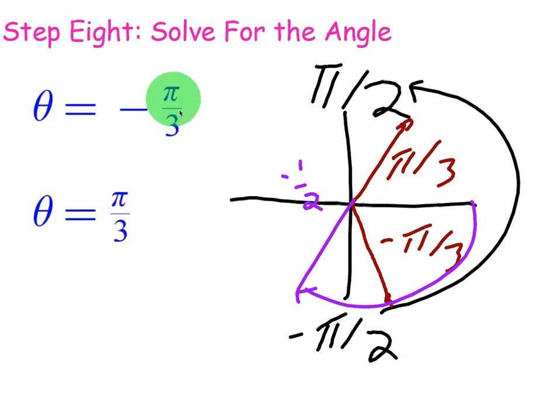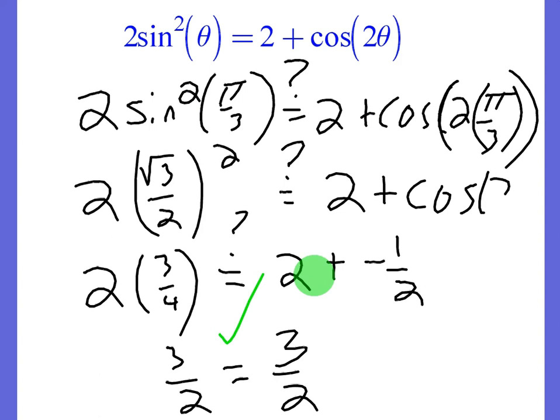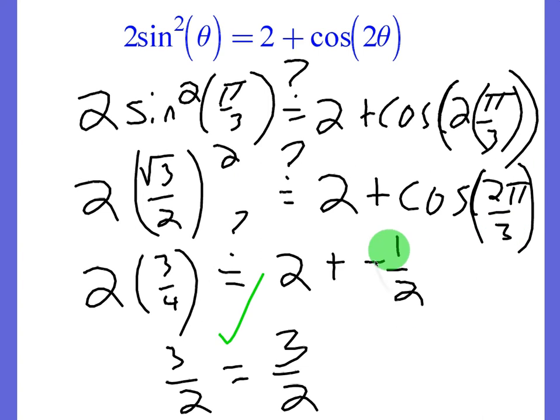Now let's try pi over 3. Okay, so when we plug in pi over 3 for theta, we actually get exactly the same work written out. And it's exactly the same process. On the right, we get 3 pi over 2, and on the left, we get 3 pi over 2. Just want to finish showing these steps here. Okay, and that's because cosine of 2 pi over 3 is also negative 1/2.